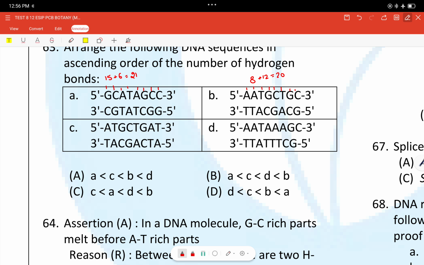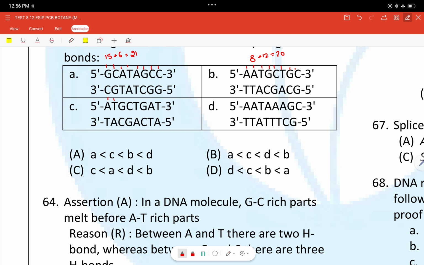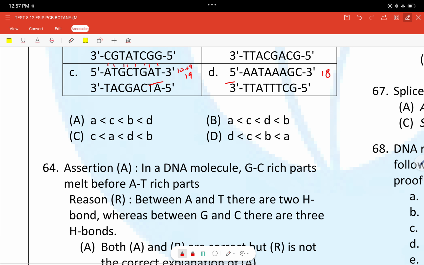This is 20. Then 1, 2, 3, 4, 5, 5 into 2, 10, and 1, 2, 3 plus 9, 19. Similarly, in this 18 hydrogen bonds are there. So the sequence is very clear: A, B, C and D. So the answer is this.